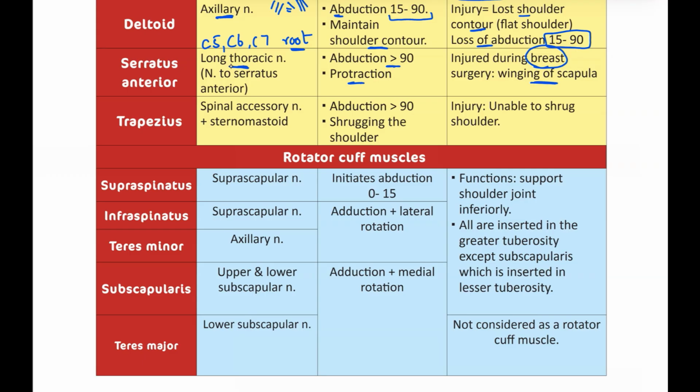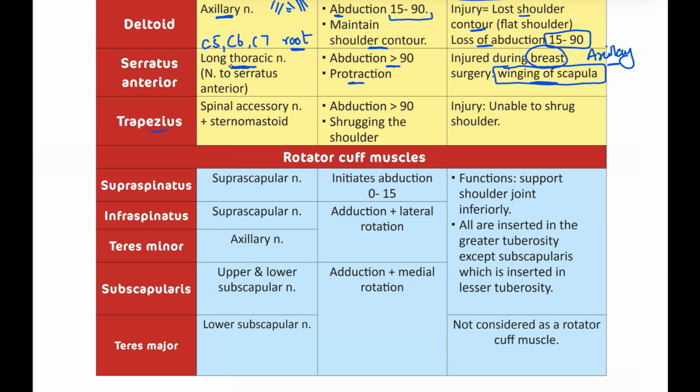So the winging of the scapula will be the clinical picture, and it can be asked with reference to the breast surgery, especially the axillary lymph node dissection can be added, that can result into damage to the serratus anterior with reference to long thoracic nerve.